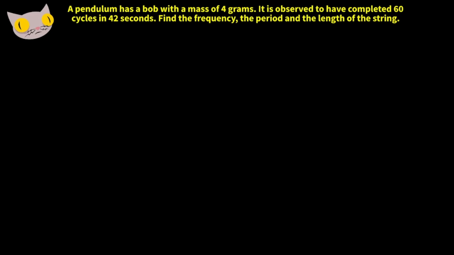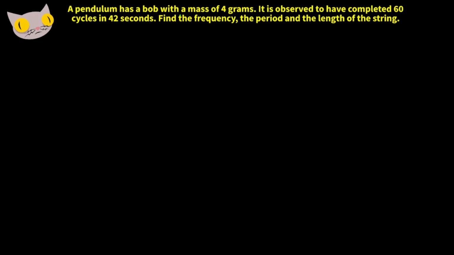Let's do one that's a little bit harder. So we have a pendulum that has a bob with a mass of 4 grams. It's observed to have completed 60 cycles in 42 seconds. We need to find the frequency, the period, and the length of the string.